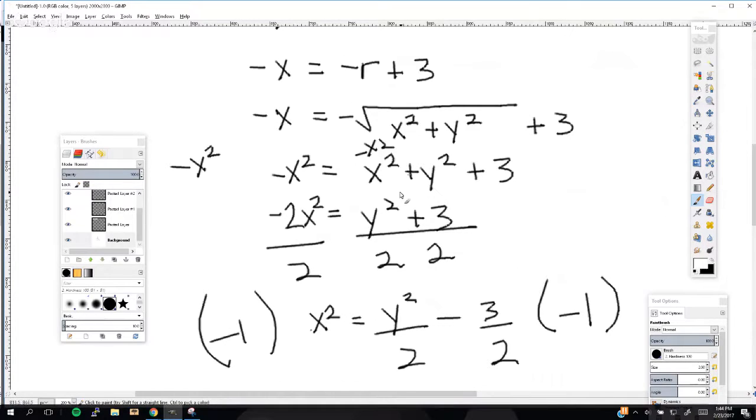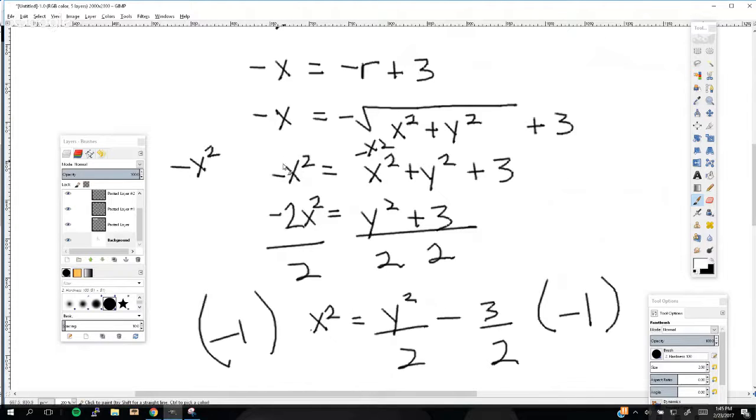Because if you times the other side by 2, see how you have negative 2x squared equals y squared plus 3? Where did you get the negative 2 from on that side? So I got that because, let's see, what did I do? I subtracted negative x squared from both sides.